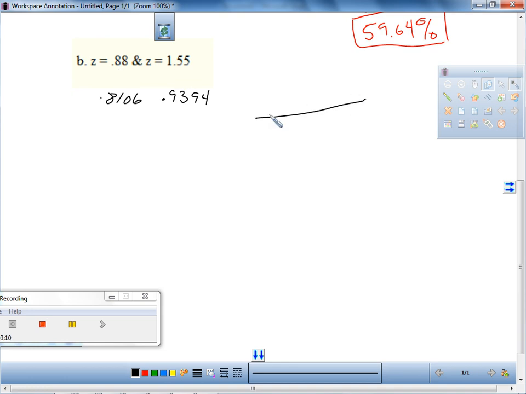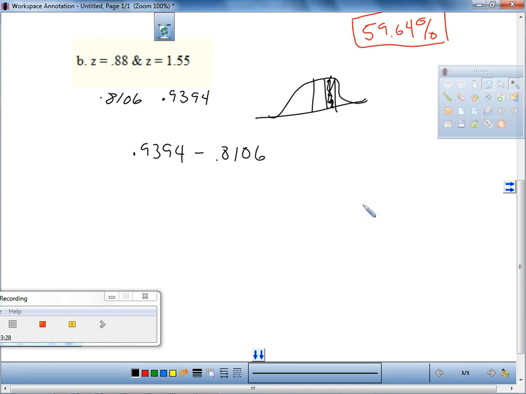Okay, so now to come up with the area that's occupied from 0.88 to 1.55, again, draw a quick rough diagram. We're looking for an area in here. So to find that, we take the 0.9394 and subtract the smaller number from it. Remember, you always subtract the smaller from the larger, because you always want a positive number when you're doing this.